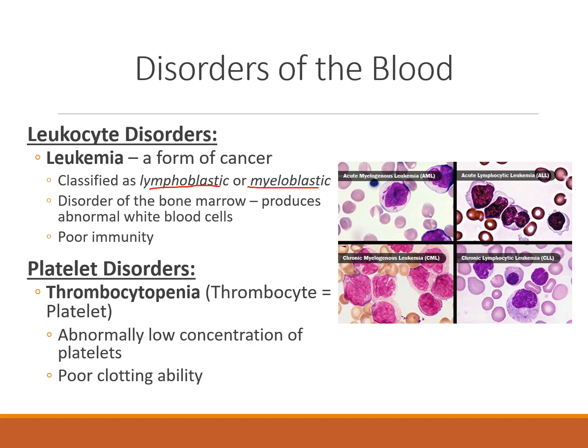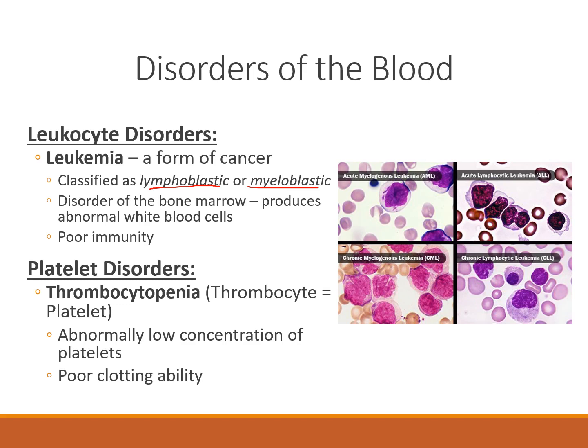But the disorder is in the bone marrow, so it doesn't produce normal white blood cells. So you have these dysfunctioning white blood cells, so your immune system is not functioning correctly. So usually people with leukemia have to be in clean rooms because their immune system is shot.